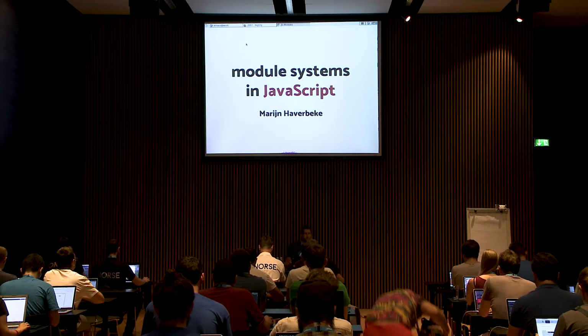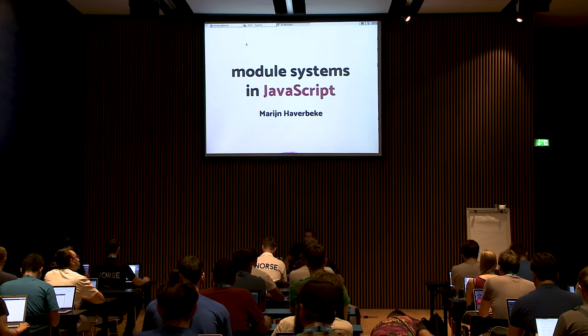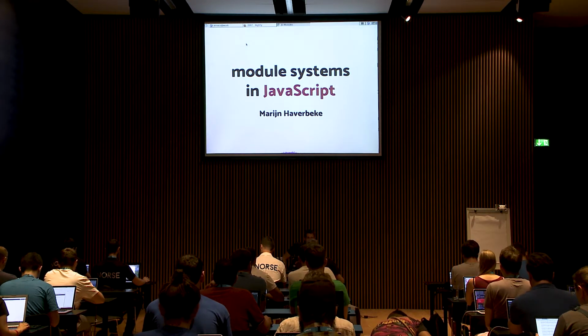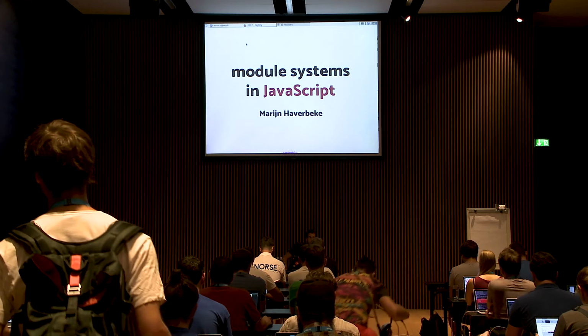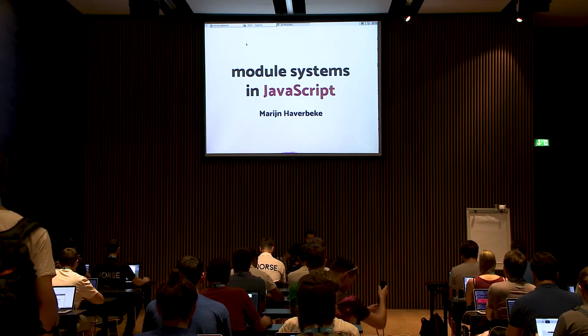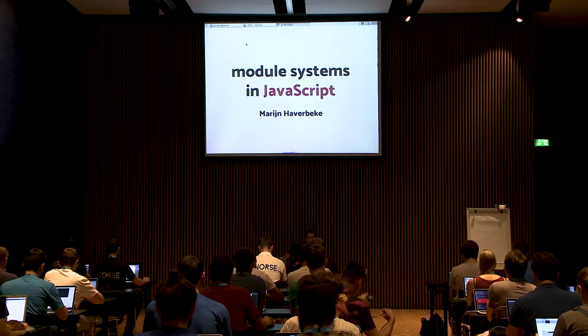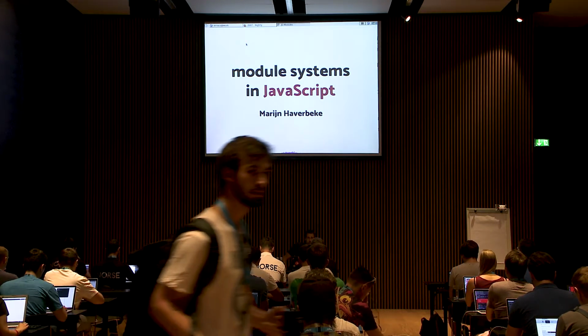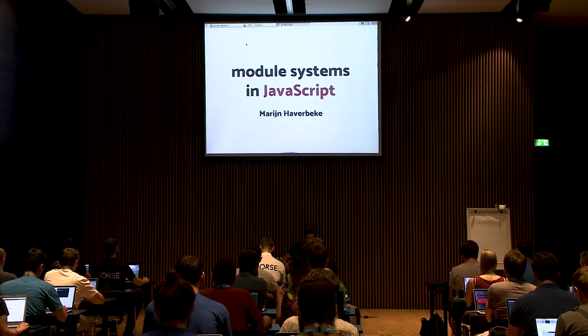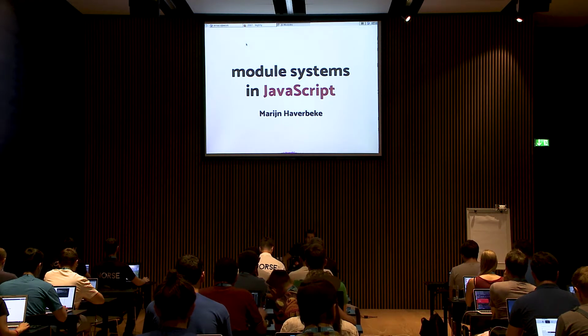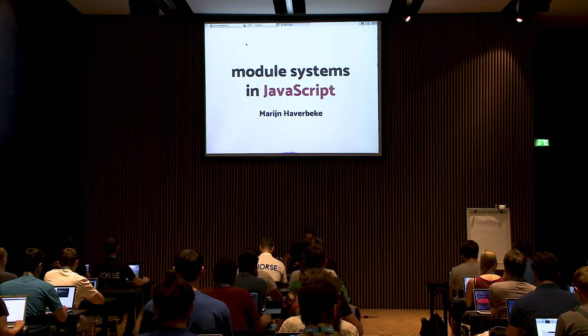All right, so many languages, when they are designed, they come with an actual built-in module system. Not really so with JavaScript, which is both a blessing and a curse. Some languages start with a really broken module system, like C or C++, and then they just get stuck with that their entire lifetime.